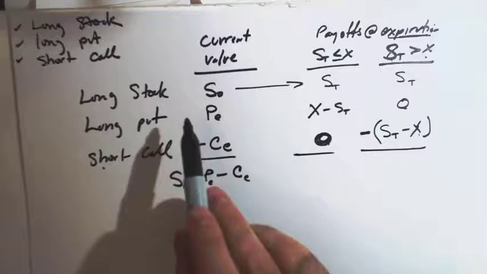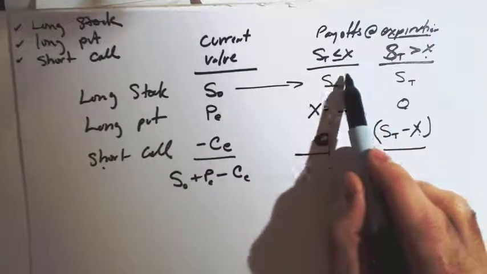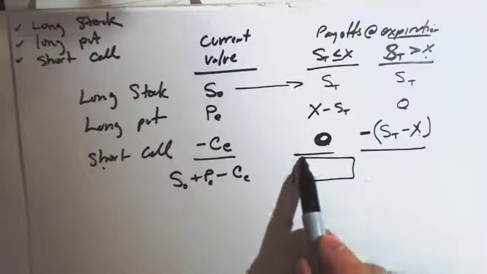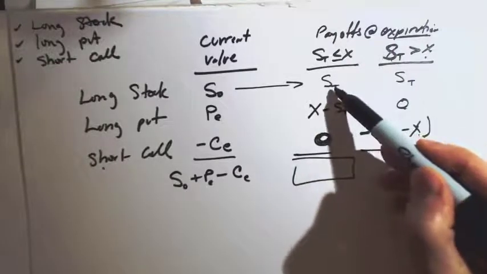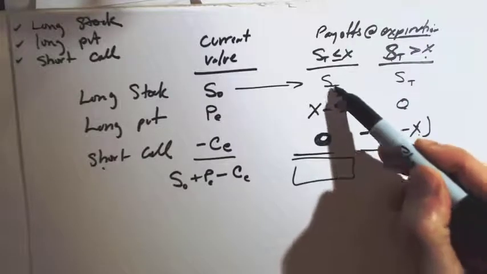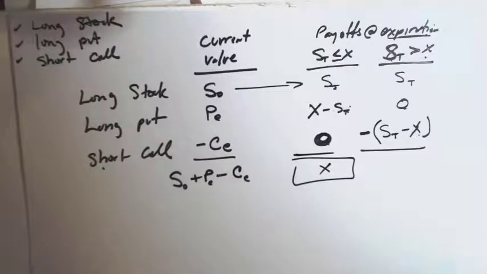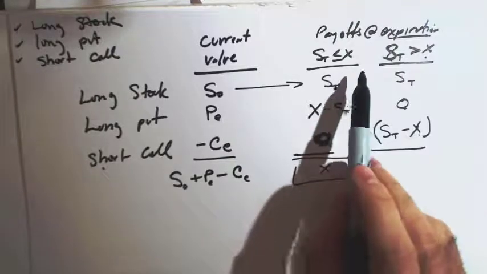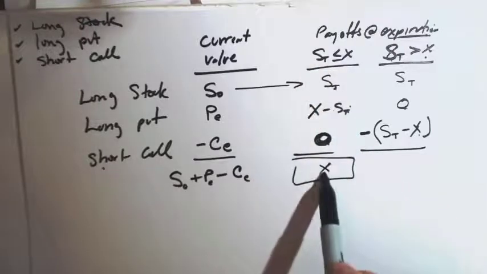If we have this portfolio and the stock is less than the strike, what is the net effect? Well, you get the stock price, and then you get X minus the stock price. The S's cancel, and all you're left with is X. So no matter what happens when you're below this strike, you're going to end up with X.